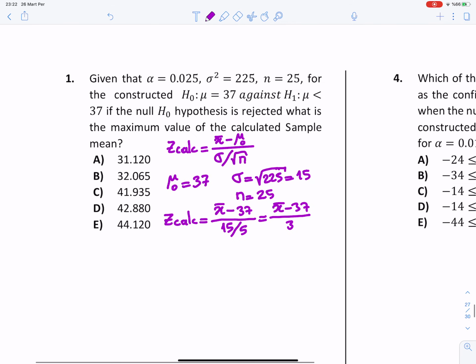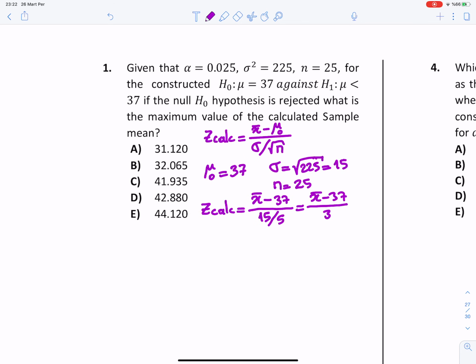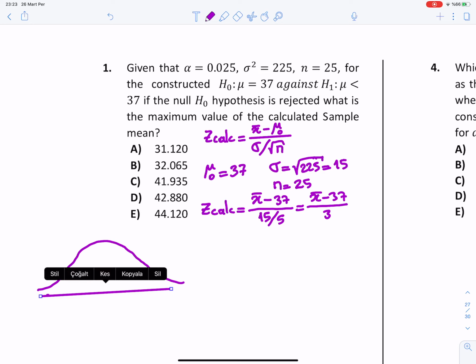You need to reject the null hypothesis, so you should have the critical value on the left. I'm going to draw you roughly a graphical representation. It is left-sided.